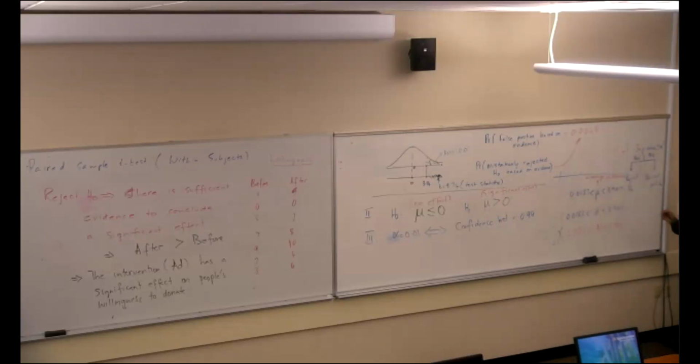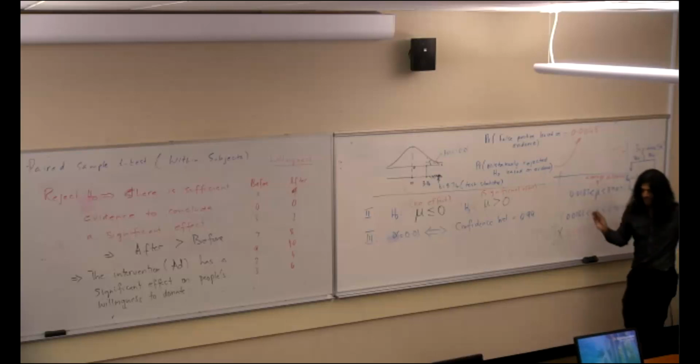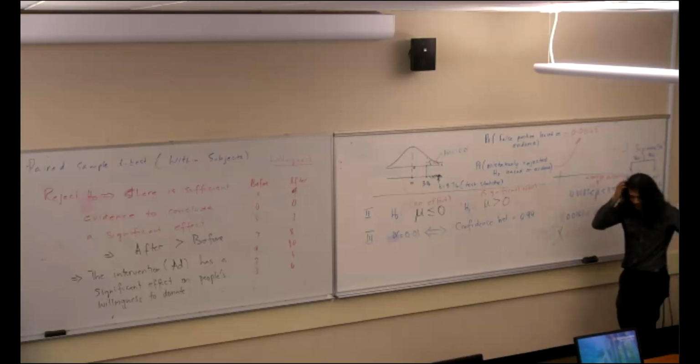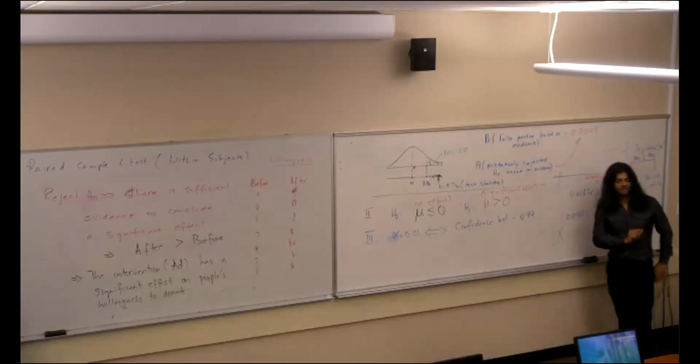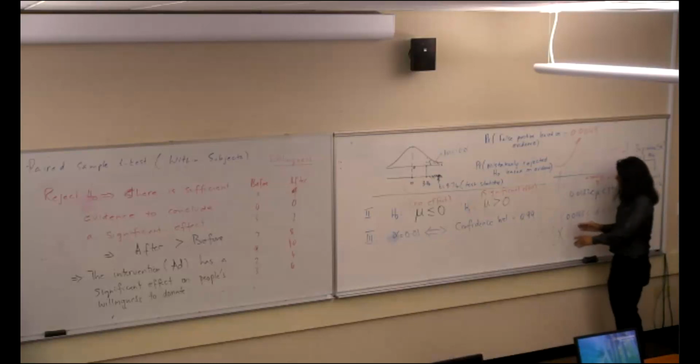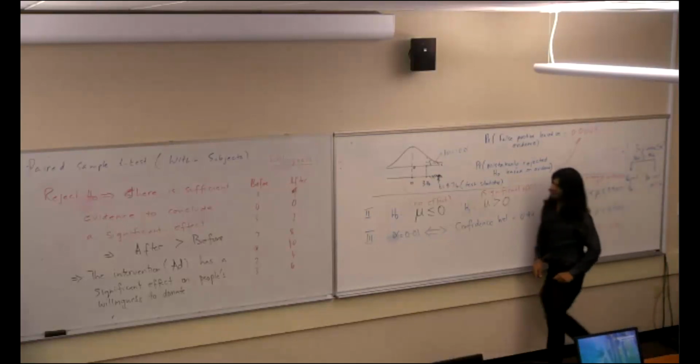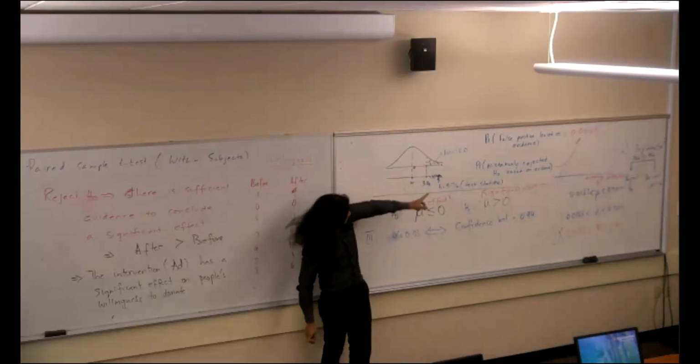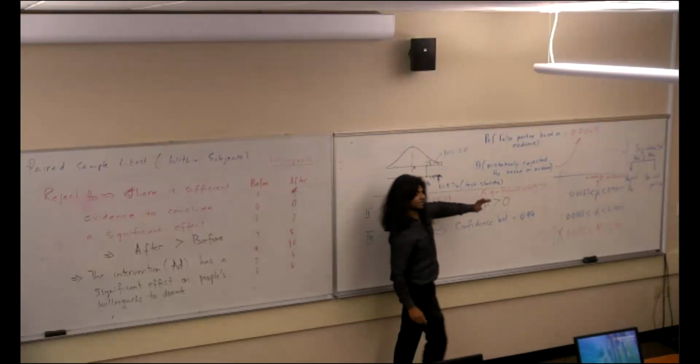Great question. What about the 1% that you're not confident? Well, you are never 100% certain. It is possible, but at a level of 1%, which is why we combine this with the p-value conclusion.